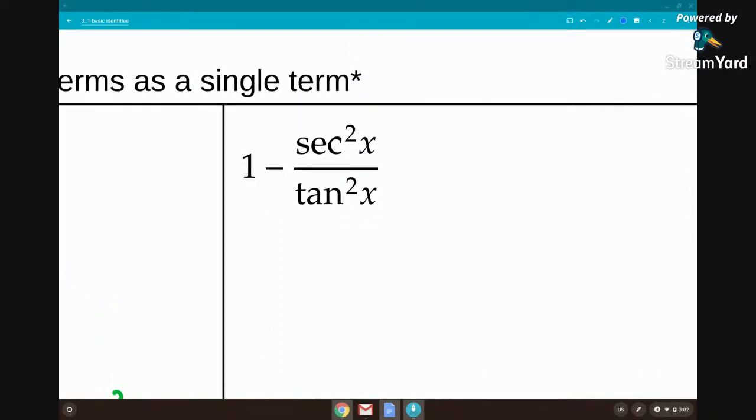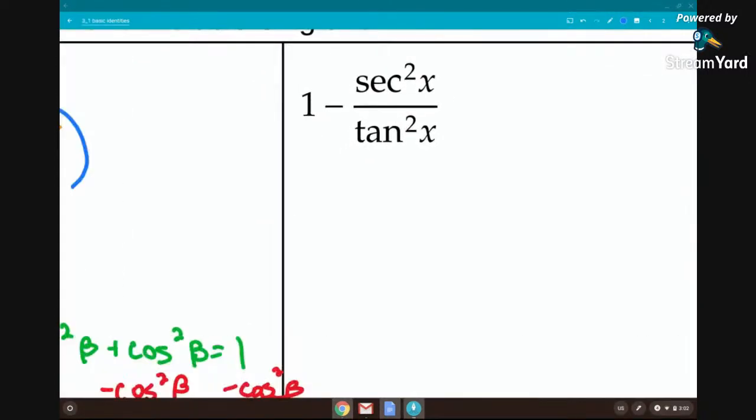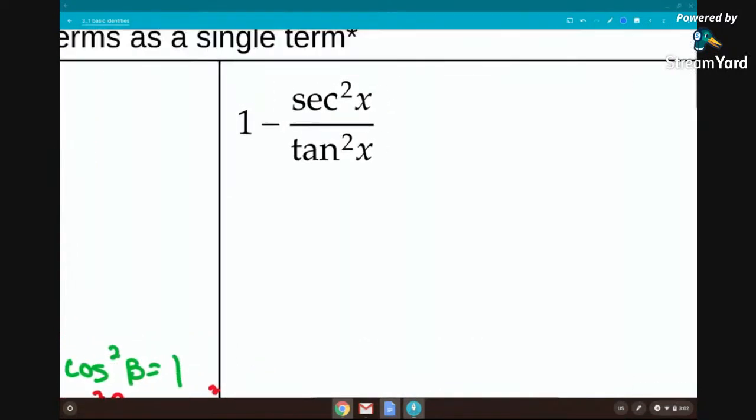Now, I'm going to tweak the directions a little bit. I could absolutely go through and do this by rewriting everything in terms of sine and cosine, and I encourage you to try it after I do it or before I do it. But you can also just use basic rules of arithmetic as long as they're legal, right? As follows. So here's just an alternative to rewriting everything in terms of sine and cosine from the beginning.